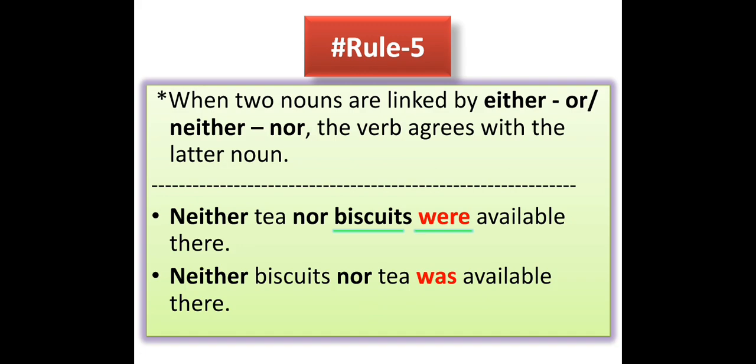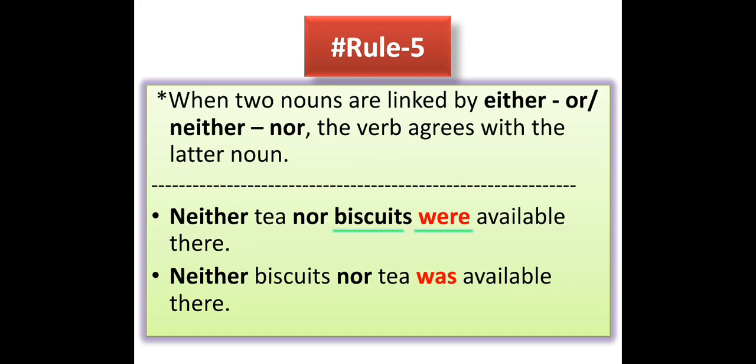When two nouns are linked by either or, neither nor, the verb agrees with the noun which comes later. Here biscuits come later and tea is before biscuits. That's why we are considering the verb according to the subject which is coming later.